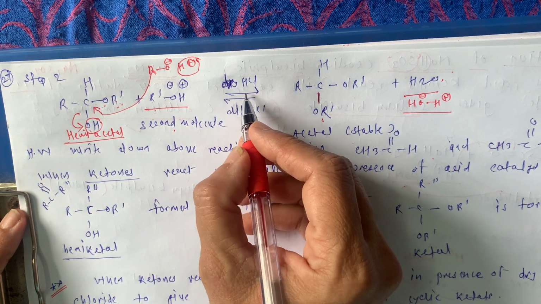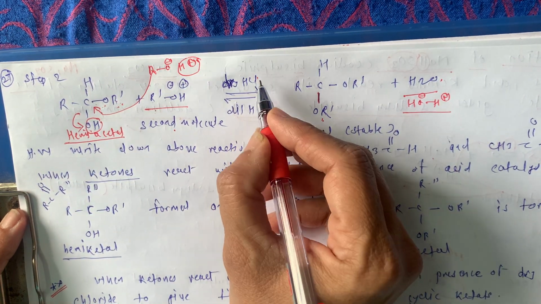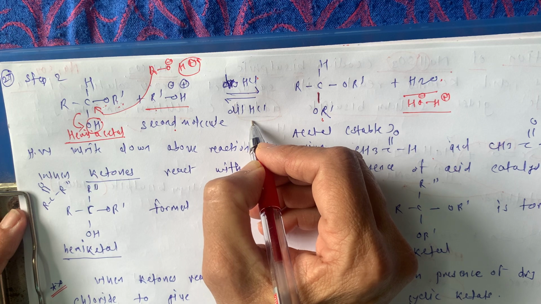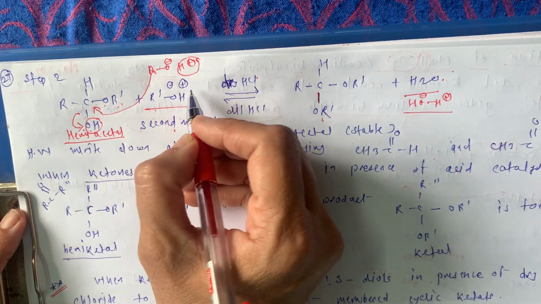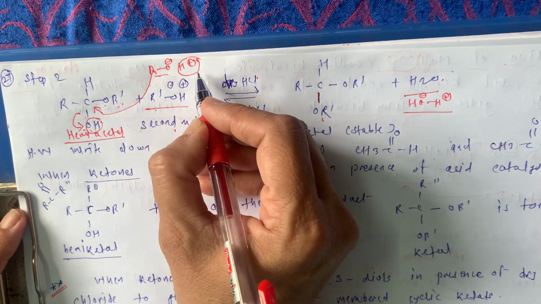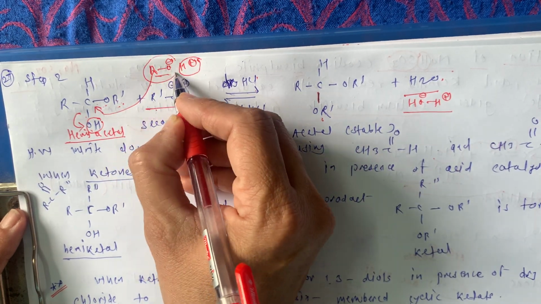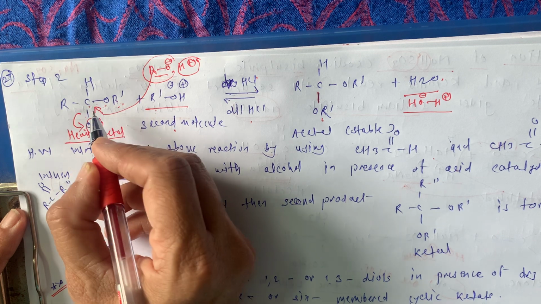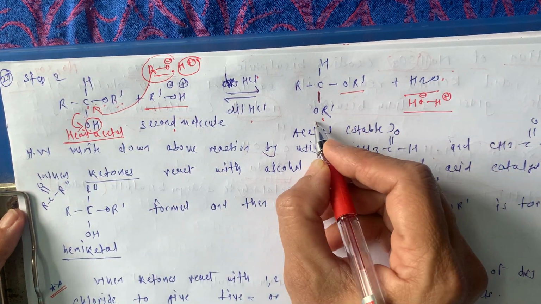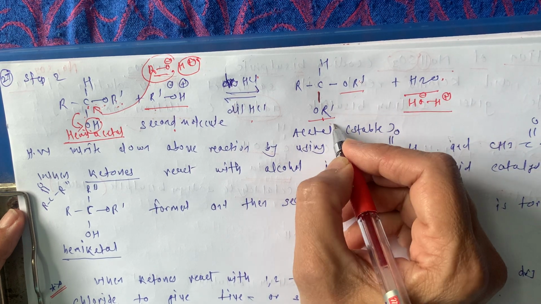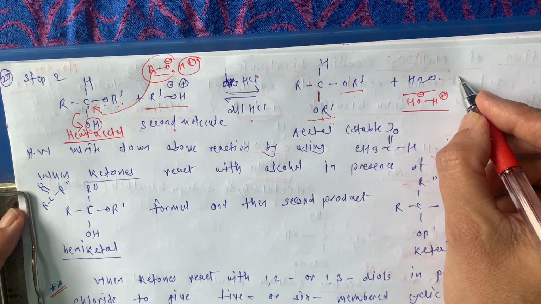The same reaction pattern. It is in presence of dry HCl and dilute HCl. The second molecule is going to attack on this. This is our nucleophile, and it is going to attack this carbon as this is the most reactive carbon. And then there are two alkoxy groups and a water molecule formed.